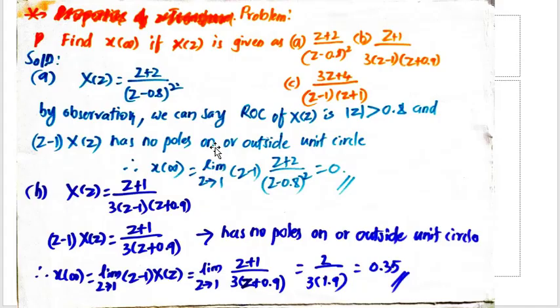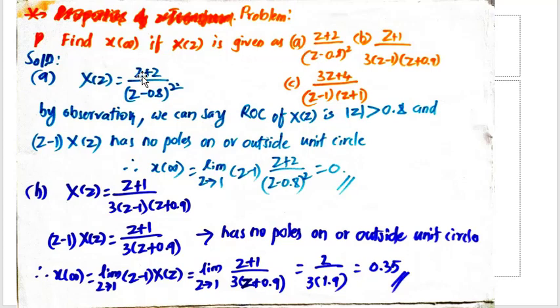Here is the first problem on the final value theorem, wherein you have been asked to find x of infinity, and X of z has been given to you. We need to find the final value for the given X of z. Three questions are there, and we will solve them one by one.